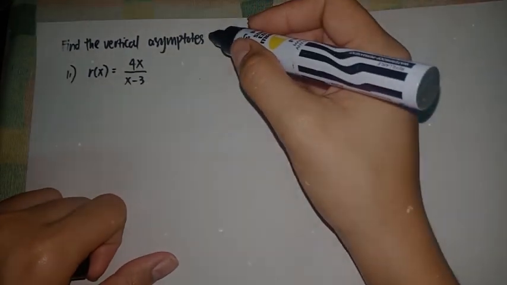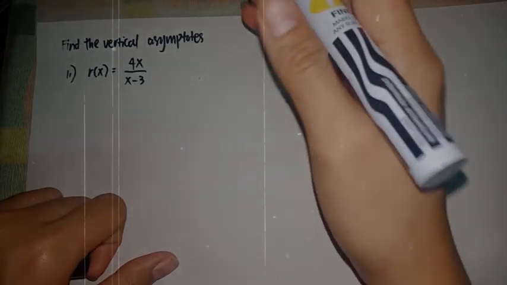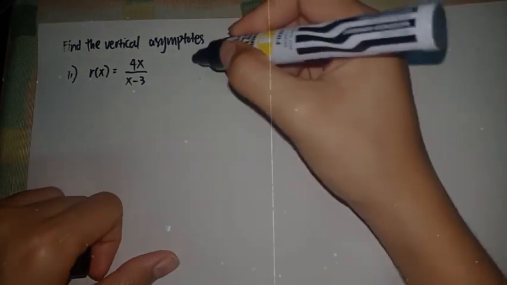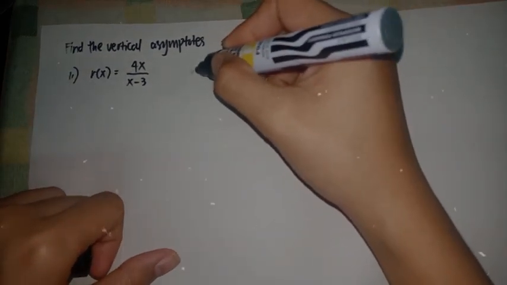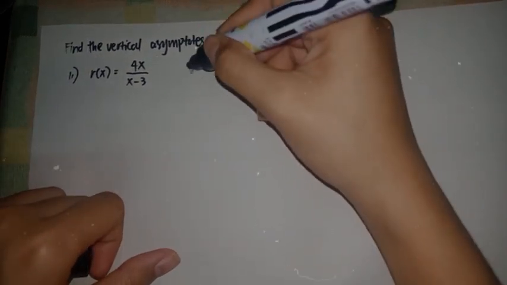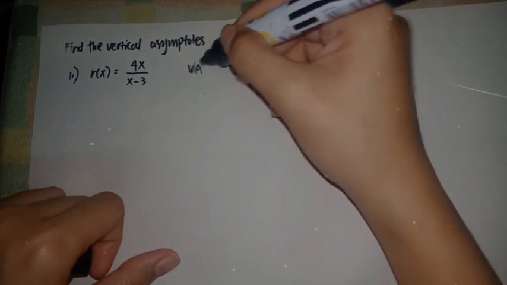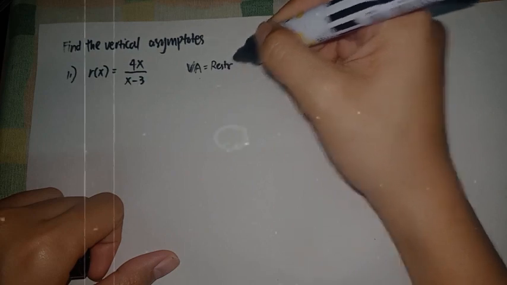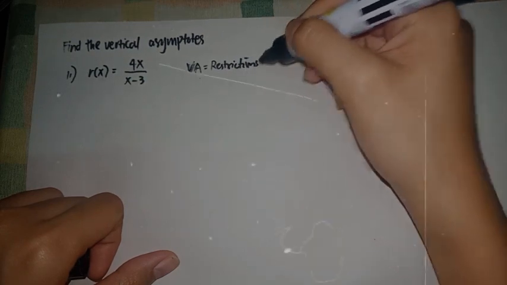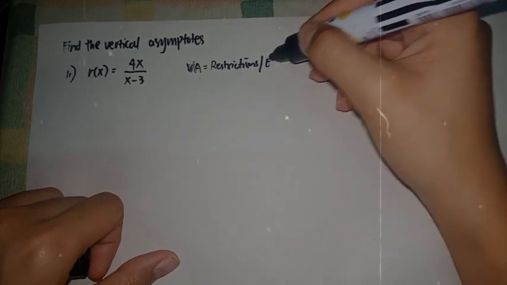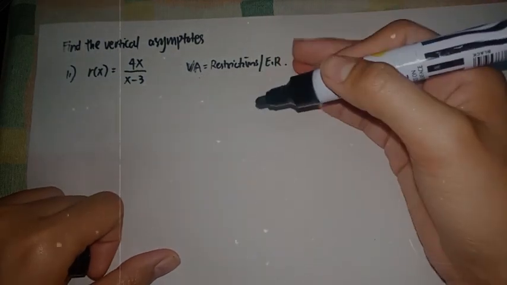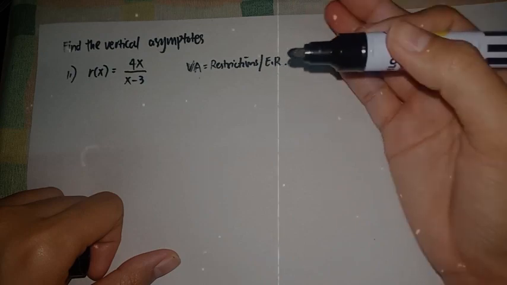Now again, vertical asymptotes are the extraneous points of our domain. So meaning to say, for us to find the vertical asymptotes, first is to find the restrictions or the extraneous roots. So again, you know the process of getting the restrictions.